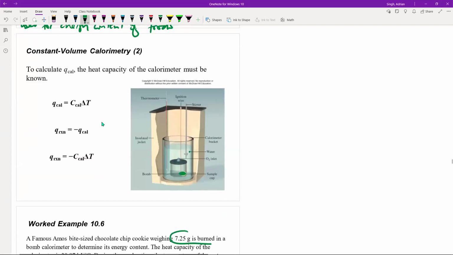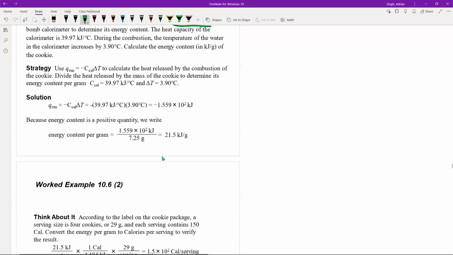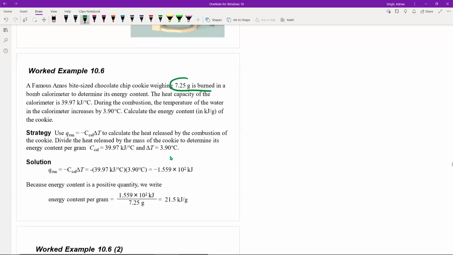They measure that temperature change with a thermometer, and it went up by 3.9 degrees Celsius. They've calculated previously the heat capacity of the calorimeter itself: the device is 39.17 kilojoules per degree Celsius. What is the energy content in kilojoules per gram of the cookie?